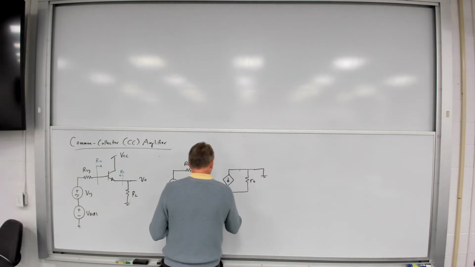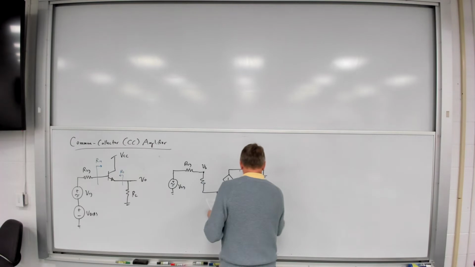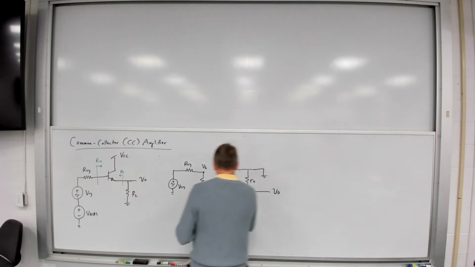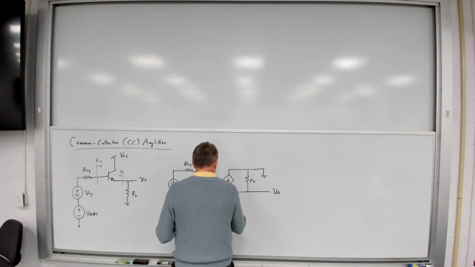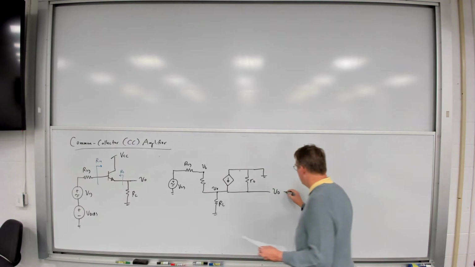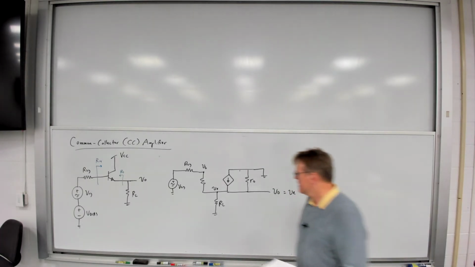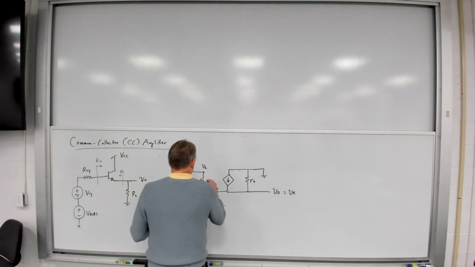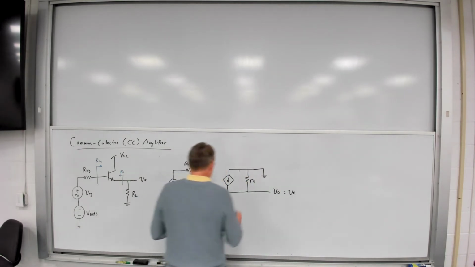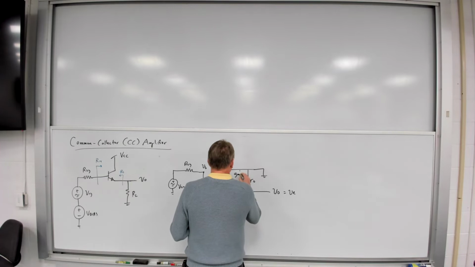Here's VB. Here's VO. Here's VE. And clearly VO and VE are the same voltage, obviously. Here's R pi. And I've got GM times VBE, which will be equal to GM times VB minus VE.